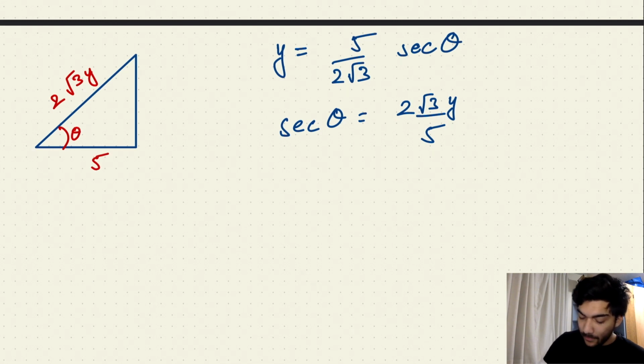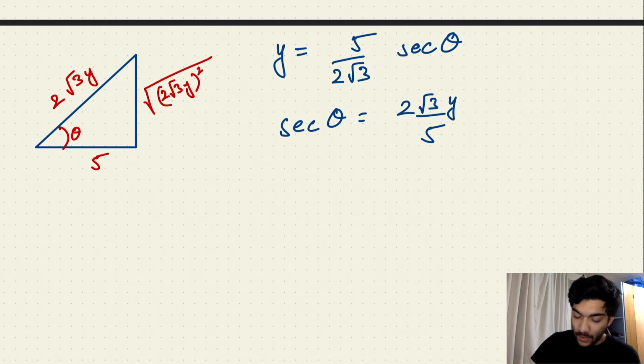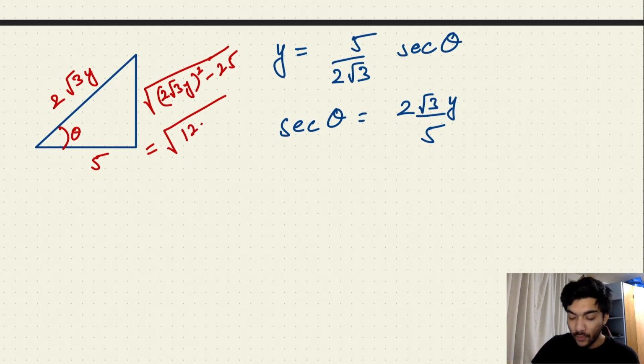Base is 5. And now if you calculate this side using the Pythagoras theorem, you'll get this side as simply the square root of 2 root 3 y whole square minus 25, which can be simplified to 2 root 3 square is 4 times 3, so 12y square minus 25, right?